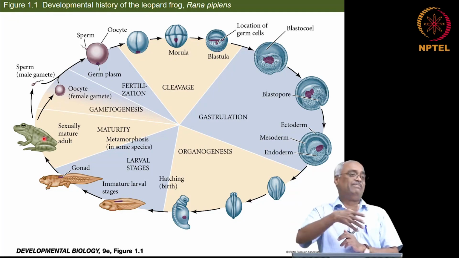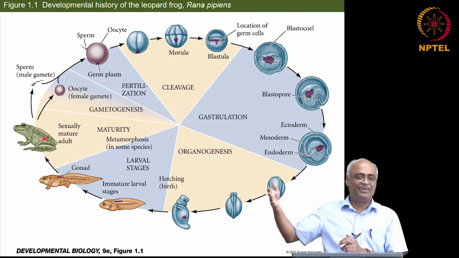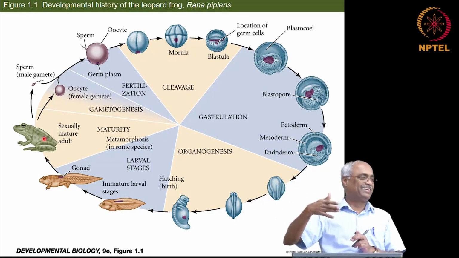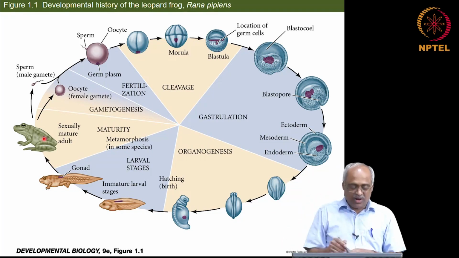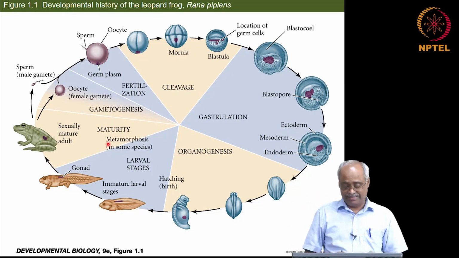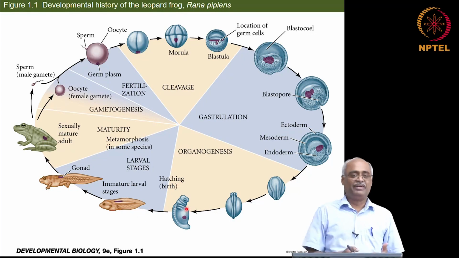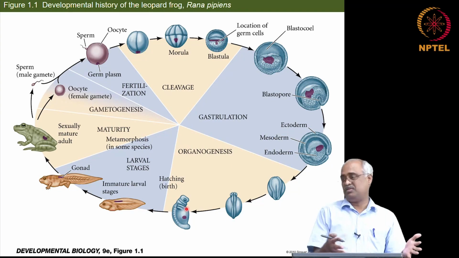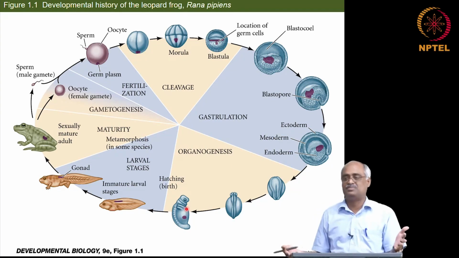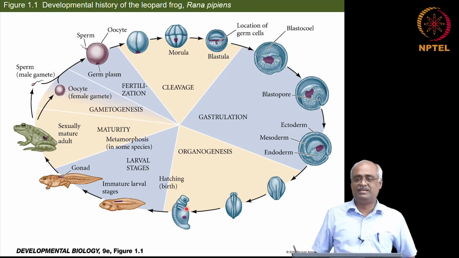We may be living as adults for a very long time, but that is not the case in other organisms. So how all of this is regulated, the maturity part, some people think is very fascinating, going from the larva that comes out and how that changes into the adult form. Some people think that is very remarkable, and they study metamorphosis in great detail, particularly those who study butterflies and moths, and of course frogs as well.